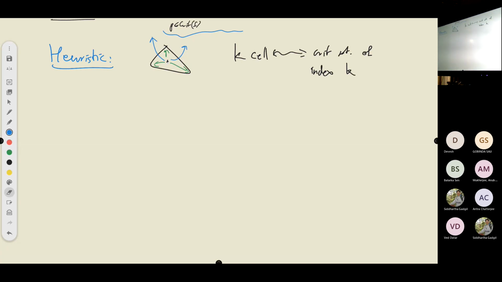Yes, exactly. So I'll come to that a little bit more. But what I wanted to impress upon you was that a K cell, you should think of it as a critical point of index K. And now we're going to reverse the analogy to build up what our homology ought to be.